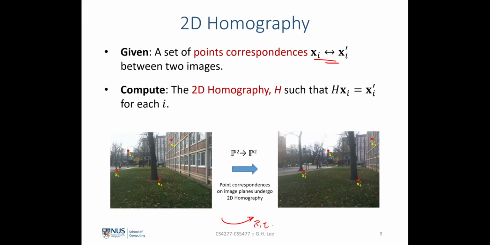Now we identify the point correspondences that are the same point in 3D projected onto the 2D views. The question is, if we are able to identify these correspondences, how can we compute the homography that relates x prime and x in the two views? And what is the minimum number of point correspondences needed in order to solve for the homography that relates these two views?